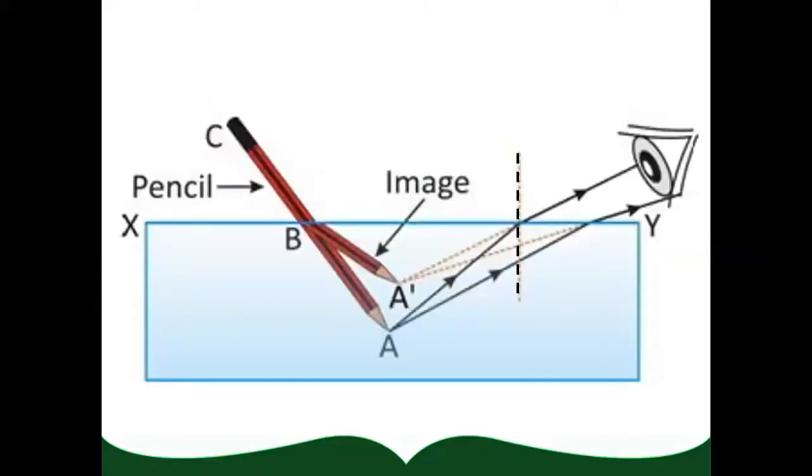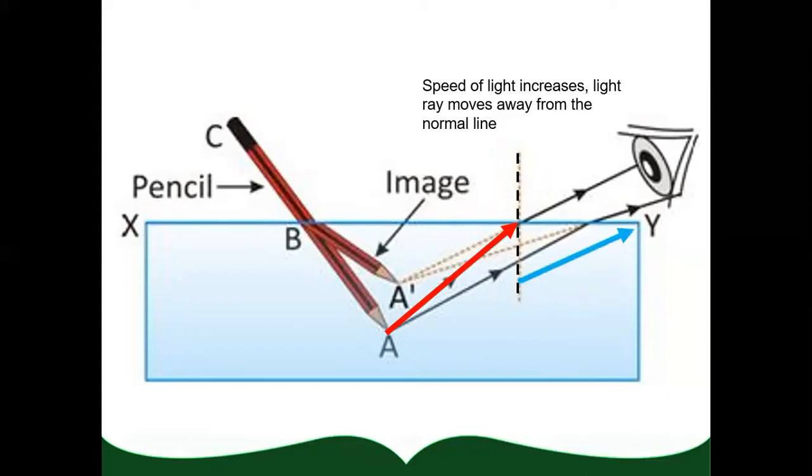Similar to this pencil. If this is the incident ray coming from the tip of the pencil, it will travel from the water to the air. So the speed of light increases. The light ray moves away from the normal line.